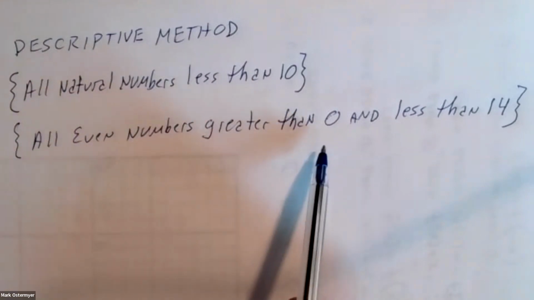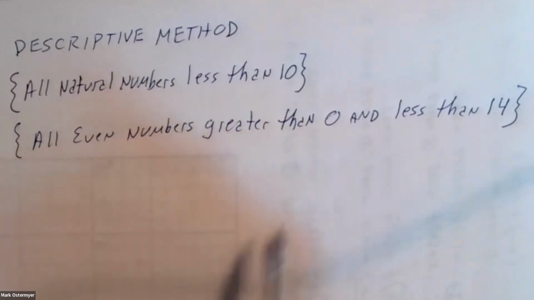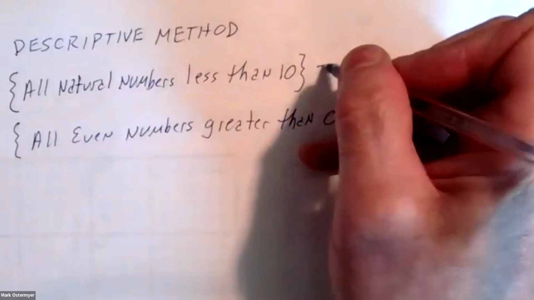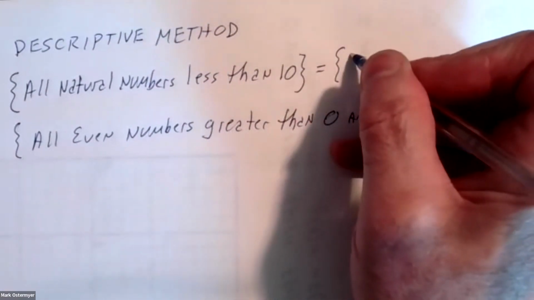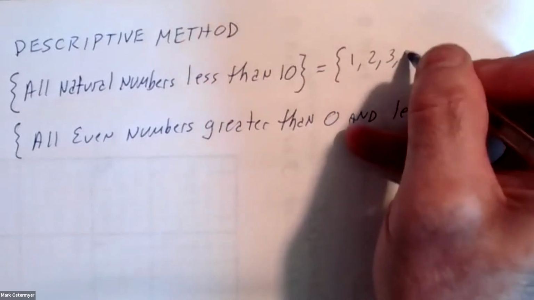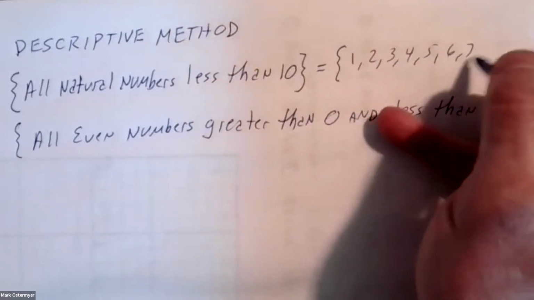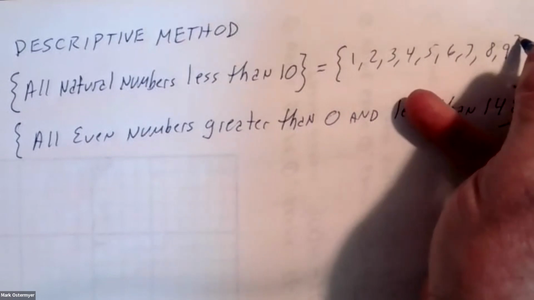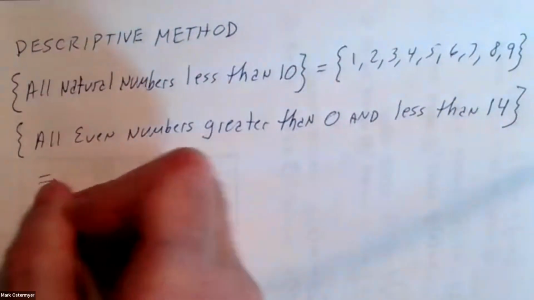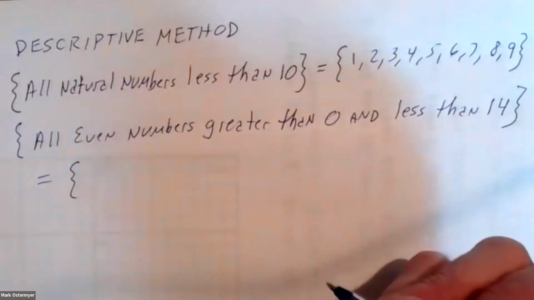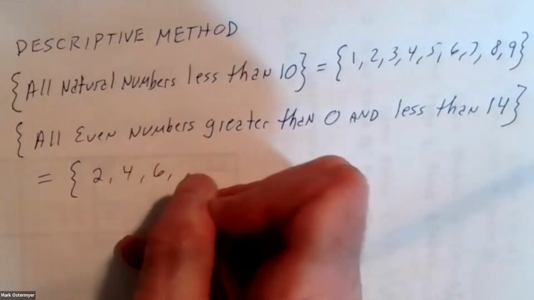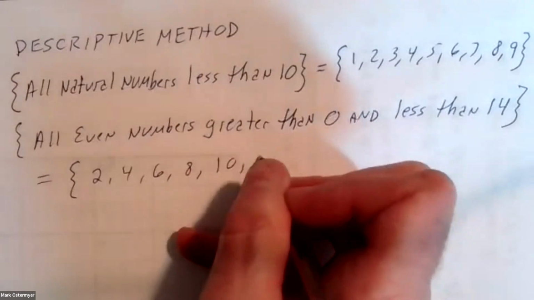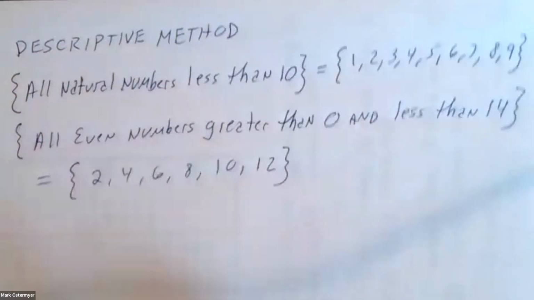And of course, in roster notation, this set would be all even numbers greater than 0 and less than 14. So it would be 2, 4, 6, 8, 10, 12. All righty.